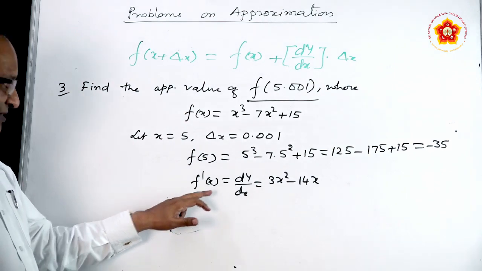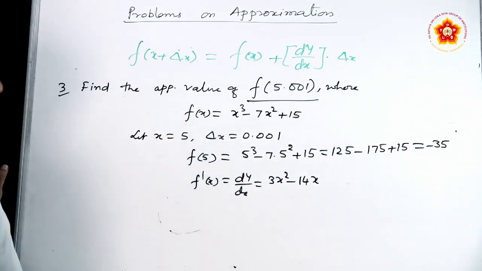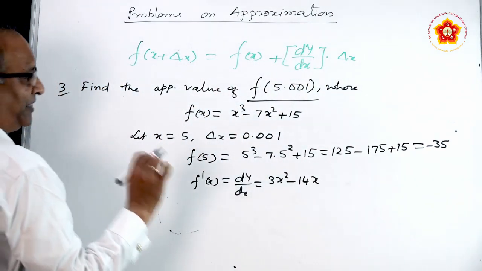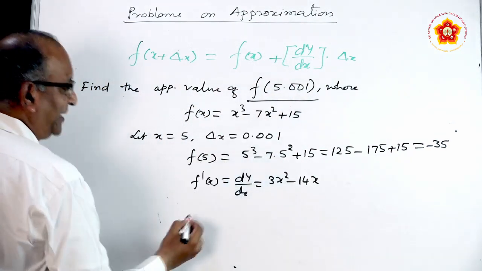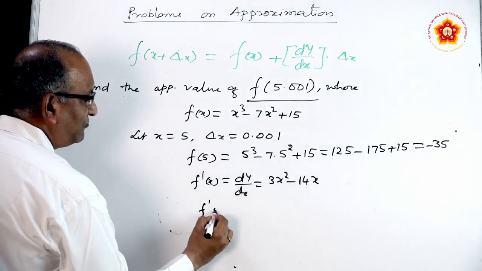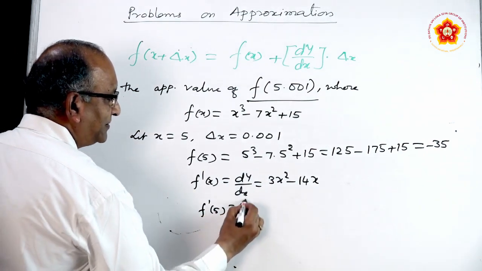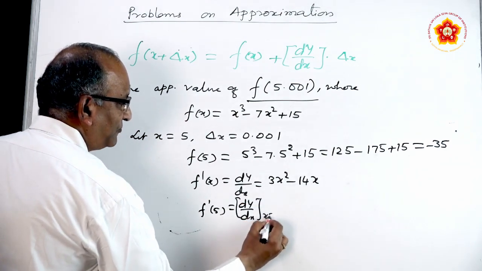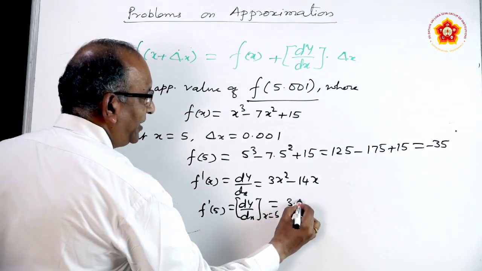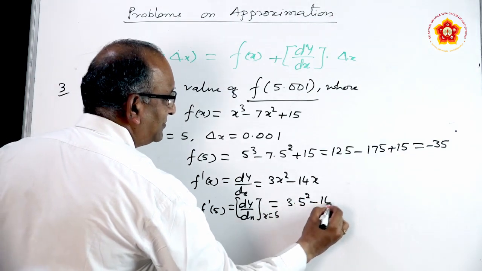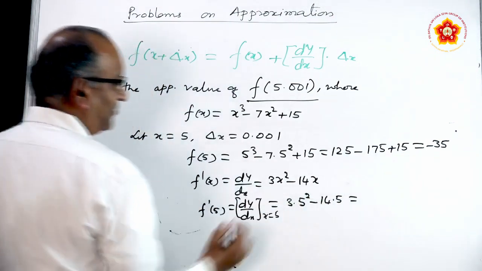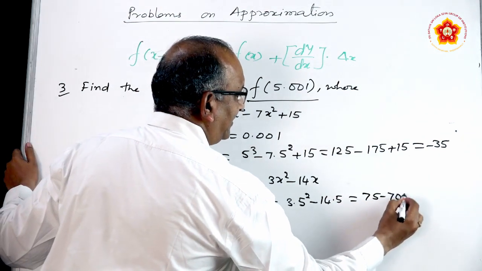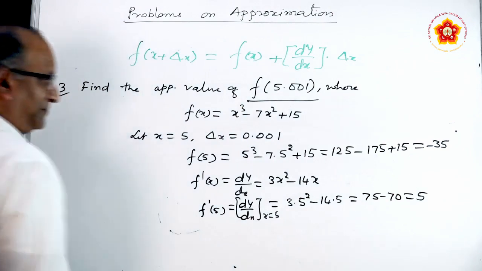Now find out this particular value when x is 5, because dy by dx we need to find out by substituting x. So, f dash 5 is nothing but dy by dx at x equal to 5 is equal to 3 into 5 square minus 14 into 5. 5 square is 25, 25 3s are 75, minus 70 equals 5.